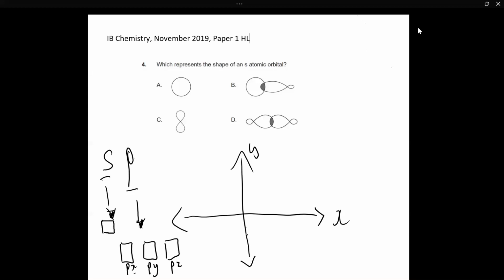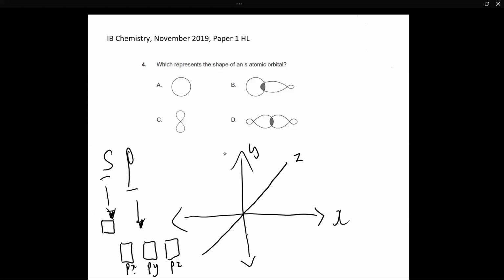And this X, Y, Z represents the orientation of the P orbitals on this graph that I've drawn. Now, X and Y you all know, but what is Z? Well, Z is this. I'm sure many of you have not seen this. In math, we only tend to use X and Y, but we're also using Z in this case.